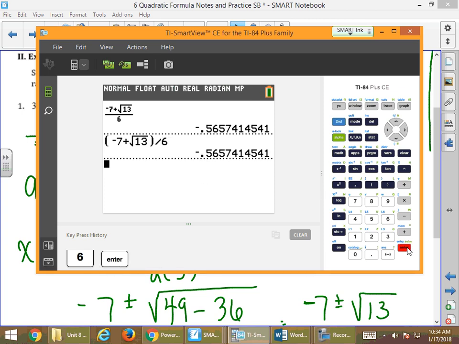It will still give you the same answer, 1 with the fraction button, 1 without. Negative 0.565, if we're rounding to the nearest hundredth, remember that's going to give us negative 0.57.